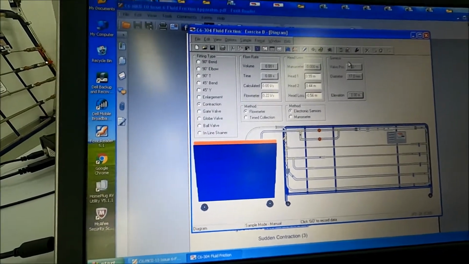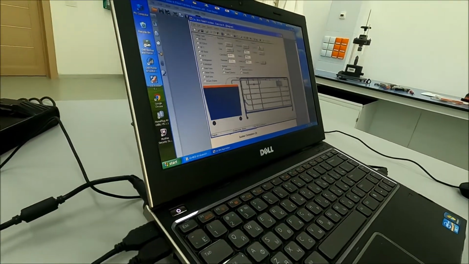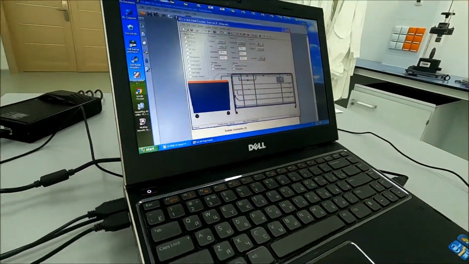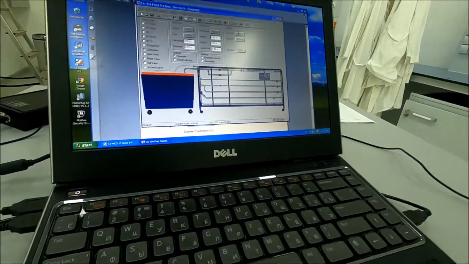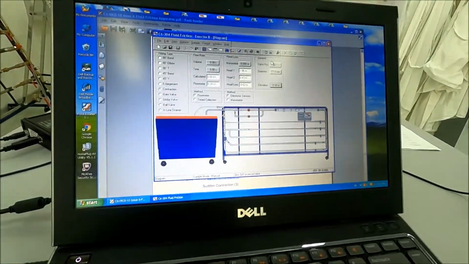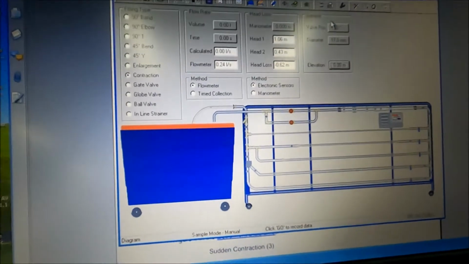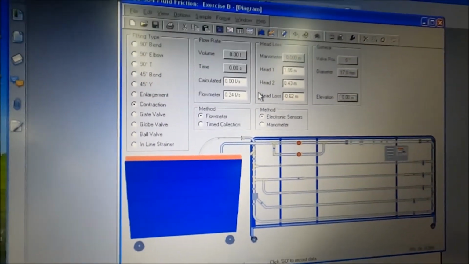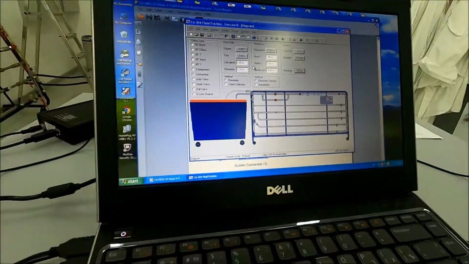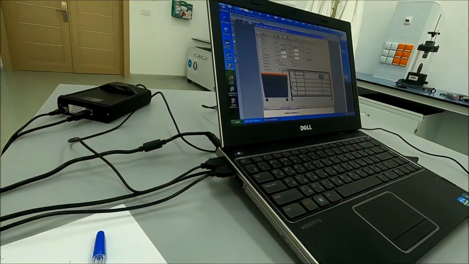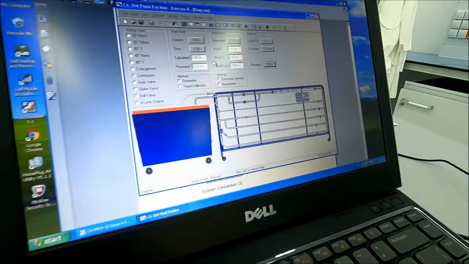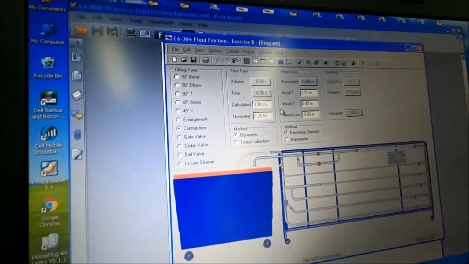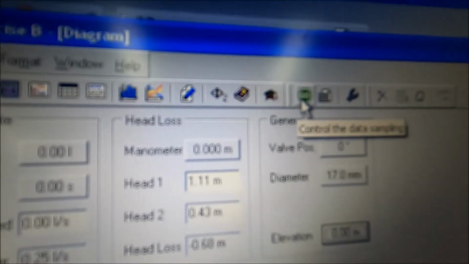The approximate increment is 0.05 liters per second. Right now it's 0.24. Let's increase. Here is 0.25.